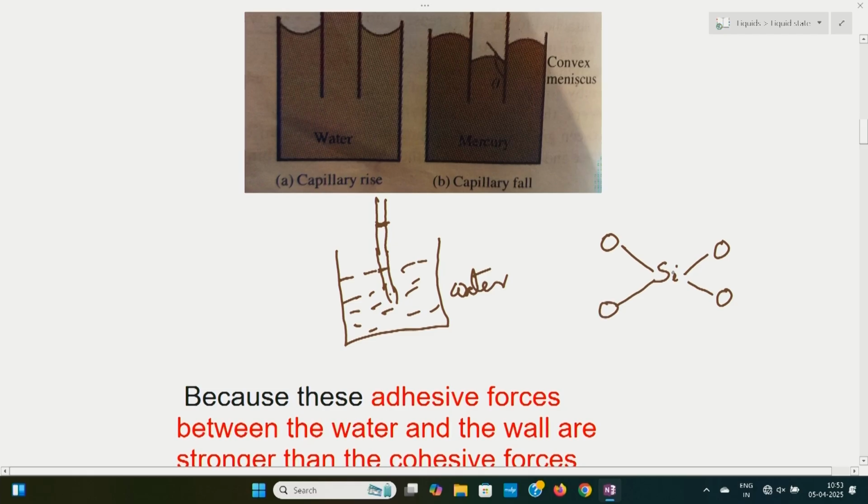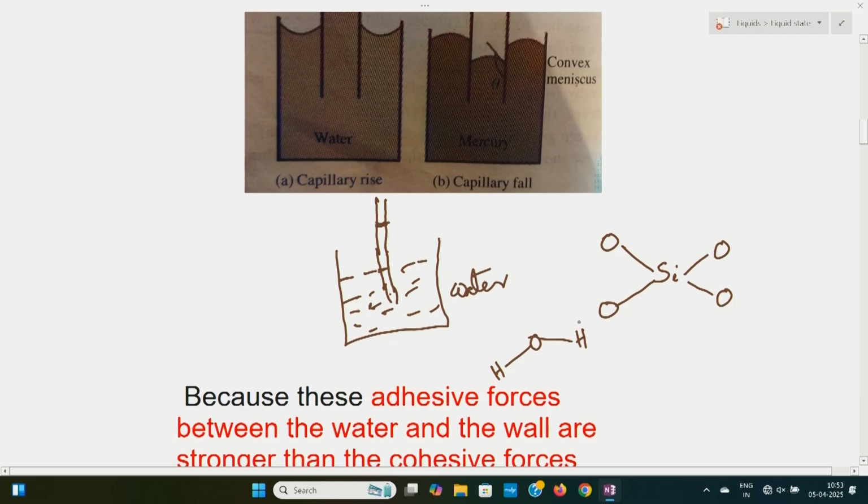The glass is made up of many silicon dioxide units, and we have many water molecules here.